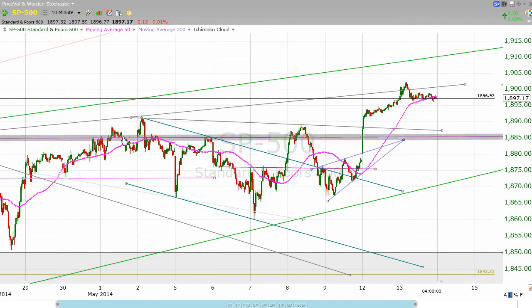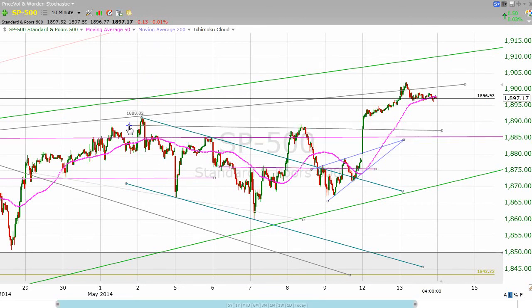Now, I mentioned to you the possibility that we could be looking at an inverted head and shoulders pattern here that took place over the past, 1, 2, 3, 4, 5, roughly 6 days.